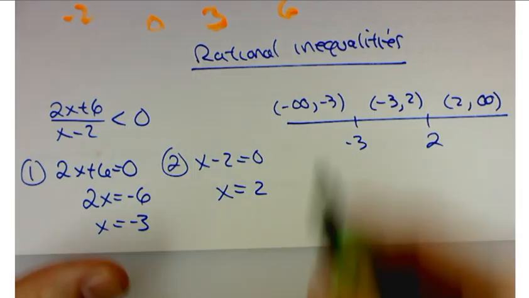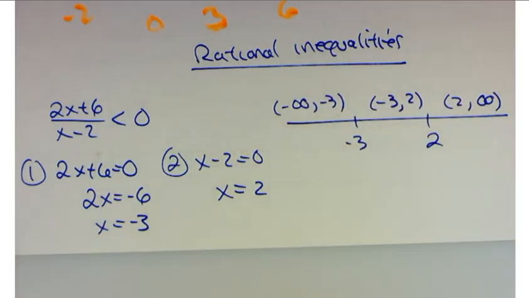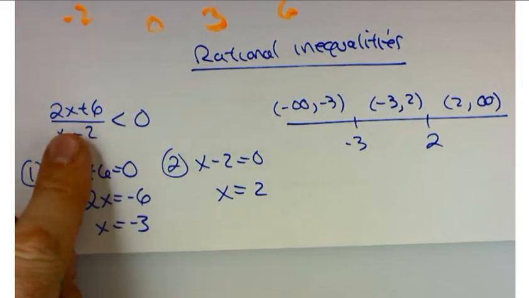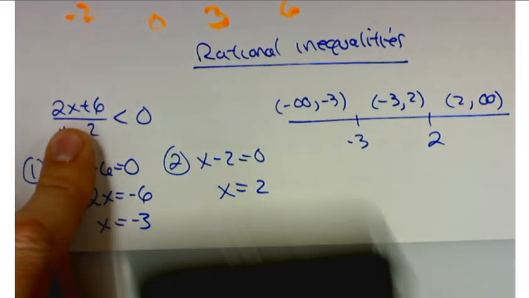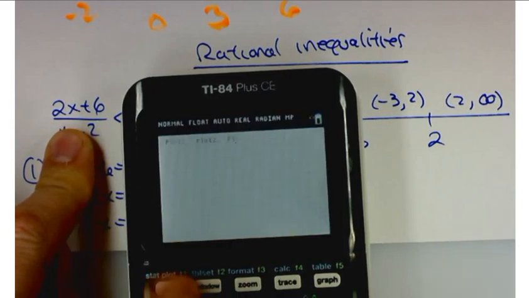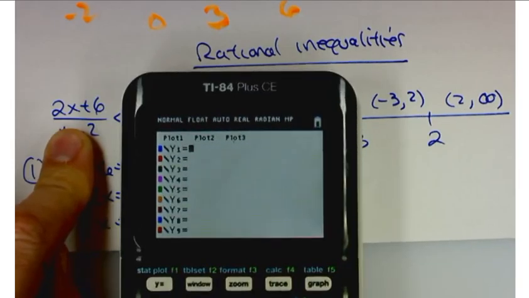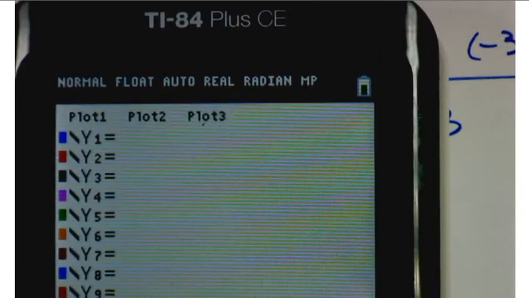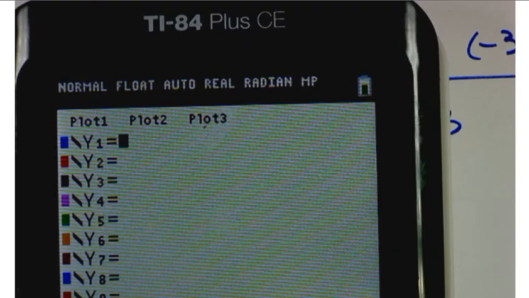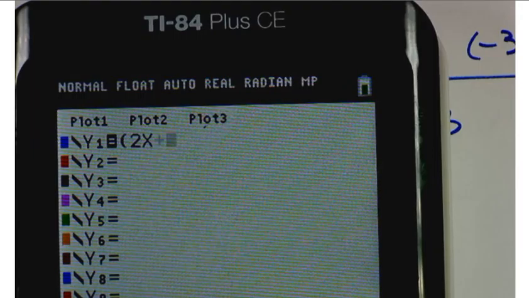Okay, so I need to do some testing of points. This is just the same thing that we did with our polynomial inequalities. You have to start by entering this expression into your calculator. One little heads up, when you enter that expression, there's a couple ways to do it, but you need to be a little bit careful to enter it with parentheses or do something a little fancier.